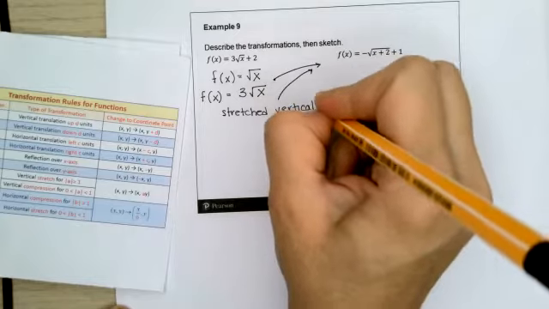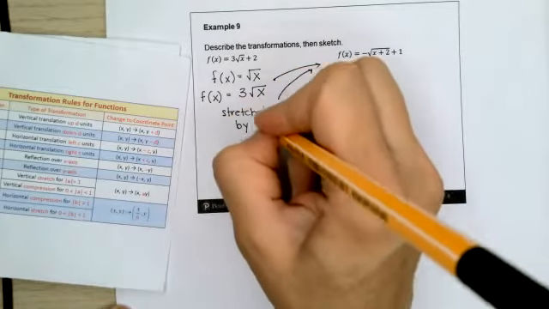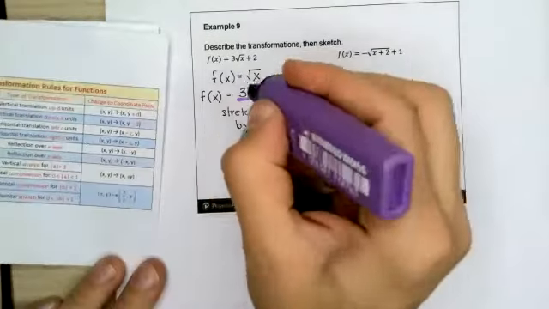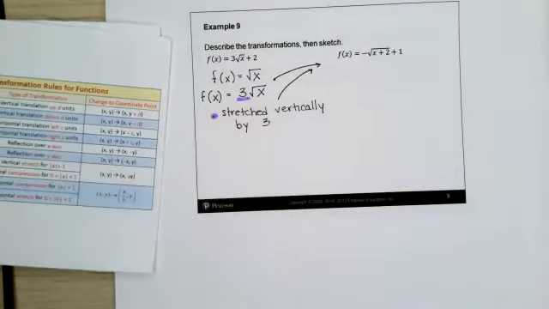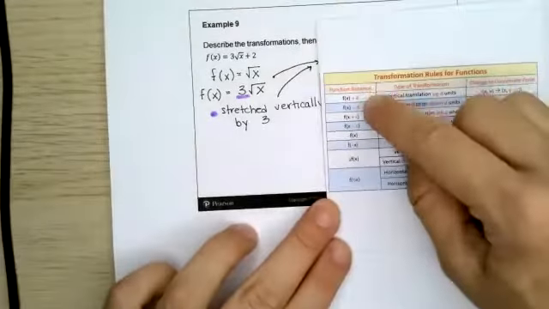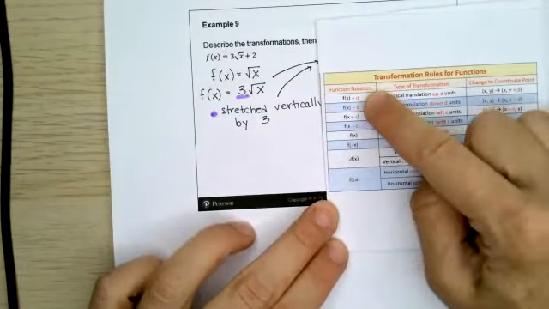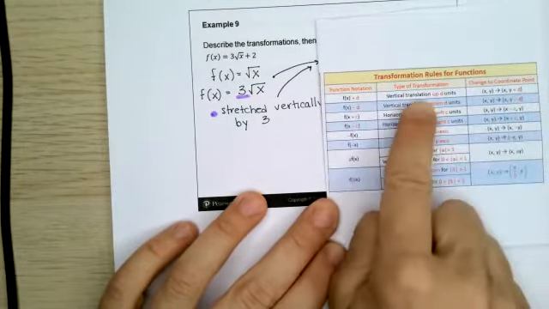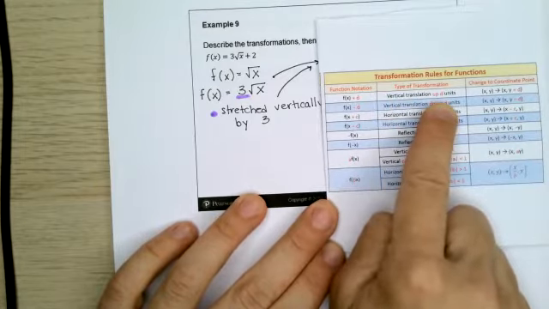So stretched vertically by a unit of 3, by a multiple of 3. Good. And then the +2, which one does the +2 look like? It's still outside of that square root because the square root is the grouping symbol. So the +2 means we're vertically translating it up 2 units.